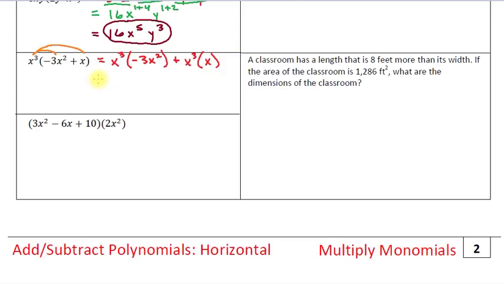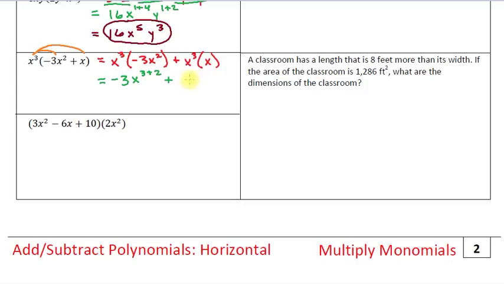And now we can just go ahead and do what we did in the last two. We'll multiply monomial times monomial. This has a 1 in front of it. It's implied because you don't have to write that in math when we're multiplying. So 1, the coefficient of 1 times negative 3 is negative 3. And then we have x, and the exponent is 3 plus 2. There's a 3, there's a 2. Now we're going to add those.